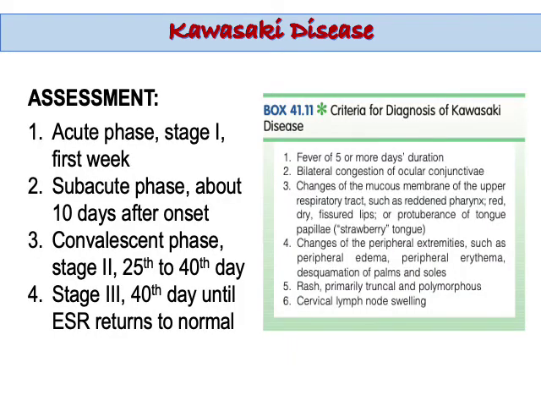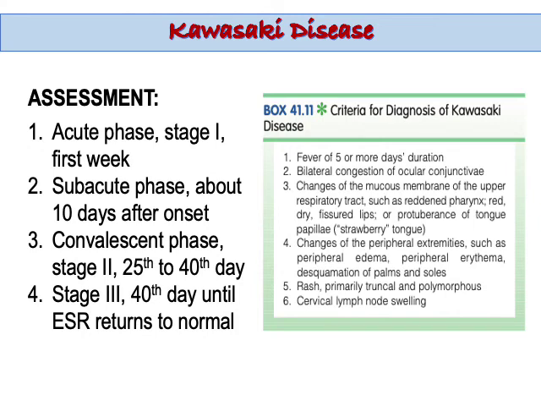To be diagnosed, a child must manifest fever and 4 findings in box 41.11 plus echocardiograph results confirmation of the artery disease. There are 4 phases.